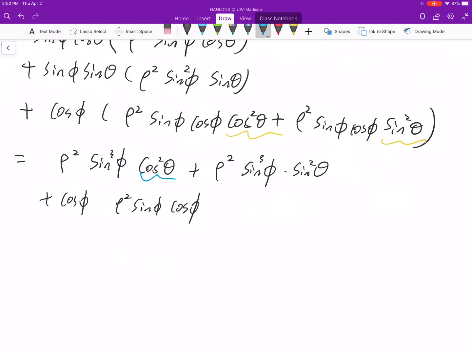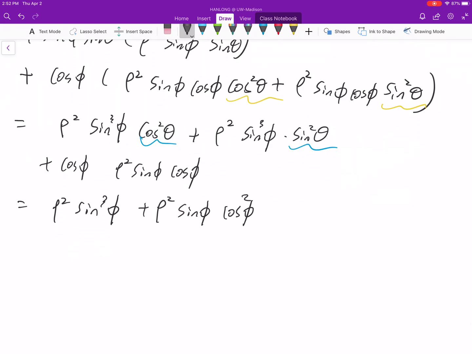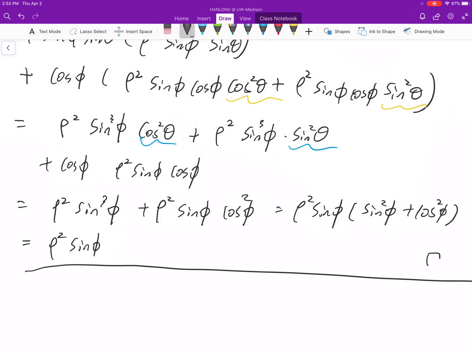Notice this and this, you will have rho square sine phi cube plus rho square sine phi cosine phi square. If you factor out rho square sine phi, you have sine phi square plus cosine phi square. Then it's rho square sine phi. That's exactly the extra factor we derived for the spherical coordinates. Okay, I will stop here.